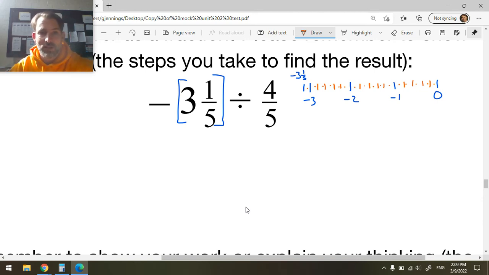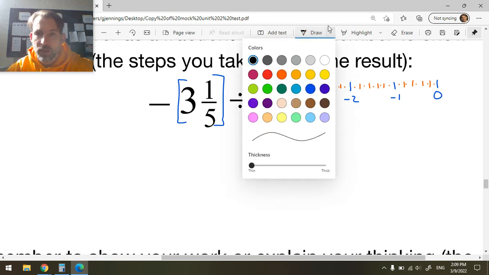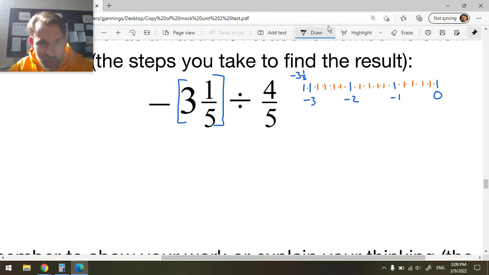So what I think of is I just put this whole thing in here. I remember 3 and 1. These are both negative, but I'm going to put this in brackets and worry about it being negative later. And then what I do is I say 3 times 5, that's 15 fifths, plus 1 over 5, but it's negative, and I'm going to divide by 4/5.